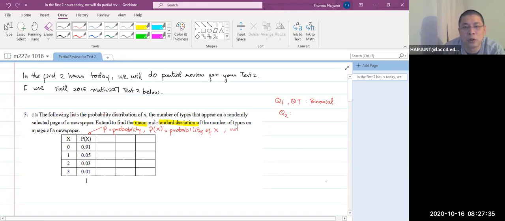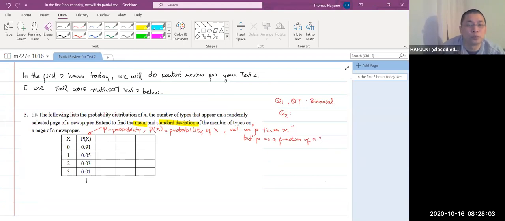So not P times X, but P as a function of X. You may see P parenthesis X, you may also see simply P. Now, P times X will not be written that way.